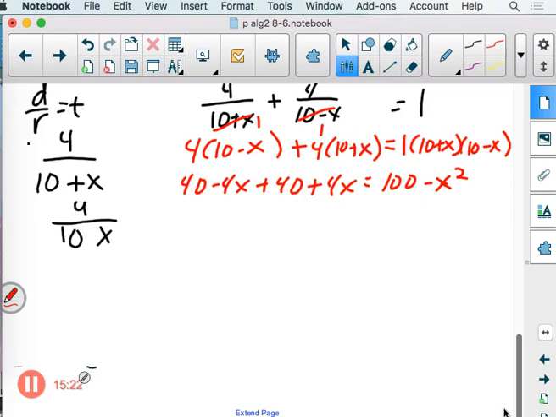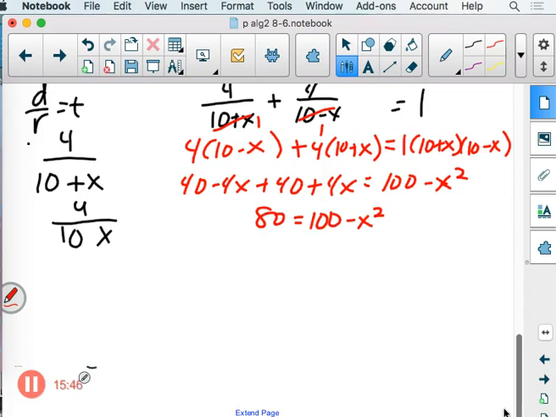Is there any stuff taking place there anywhere? What do you see? Well, that's kind of good. All right, so negative 4x plus 4x is gone. So it doesn't look so bad.